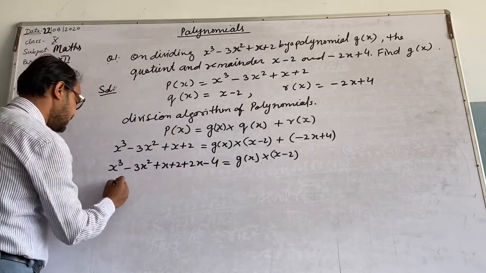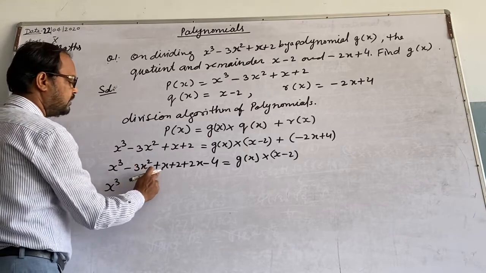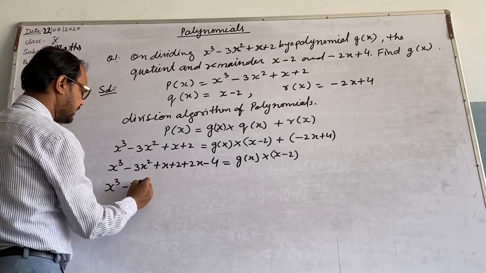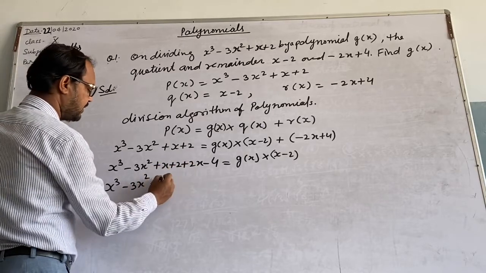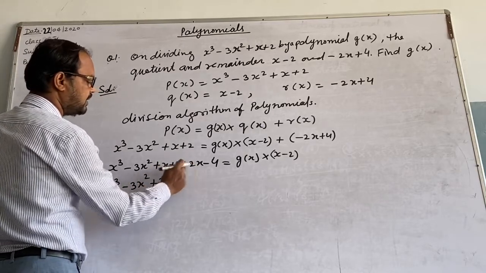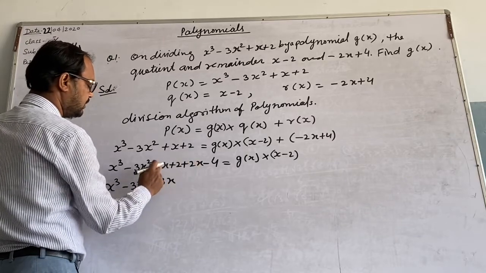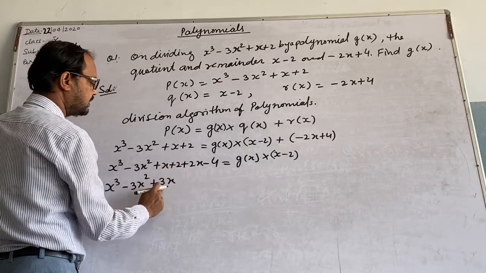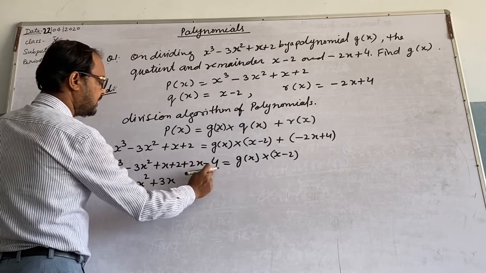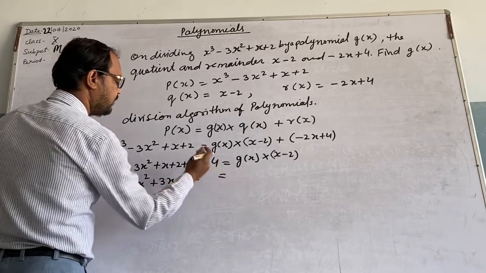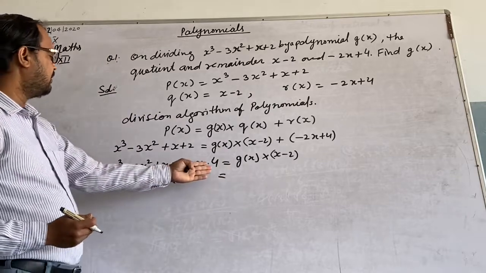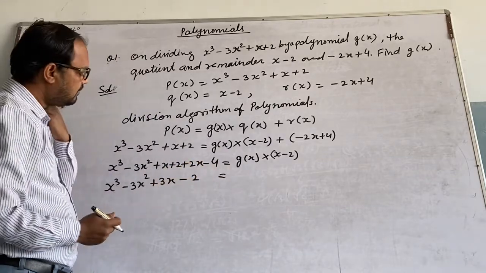On this side, x cube. There is no square term, so it stays as it is. x plus 2x gets 3x. x plus 2x, both are like terms, so x plus 2x means 3x. Minus 4 plus 2 gets minus 2. 4 is more and it is minus, so it remains minus 2.